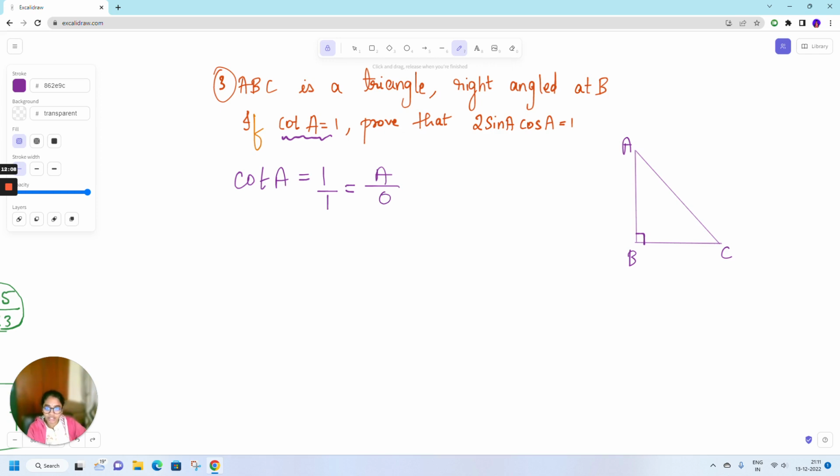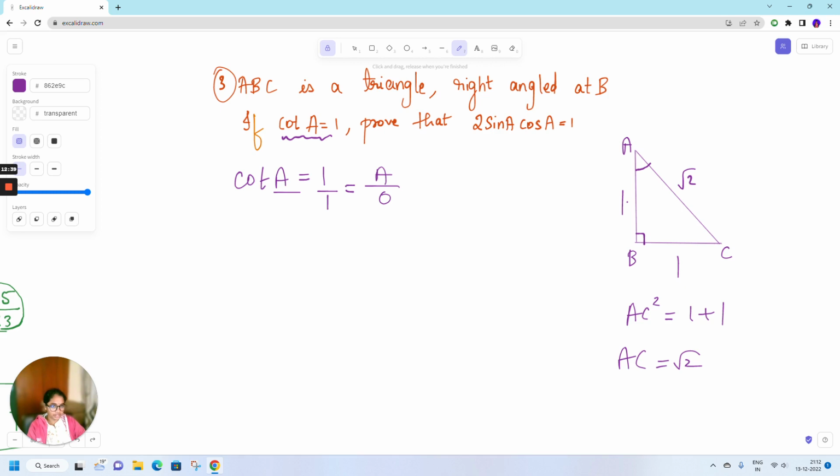They are saying cot A, so the angle is at A. The value is 1, so the adjacent would be 1 and the opposite would also be 1. So what is the hypotenuse? AC squared is equal to 1 plus 1, so AC is equal to root 2.